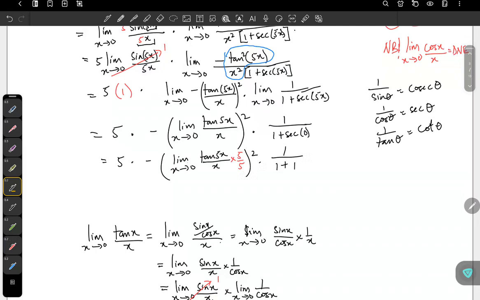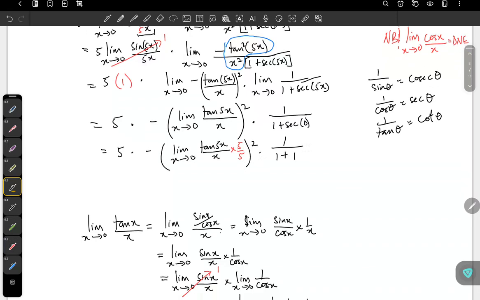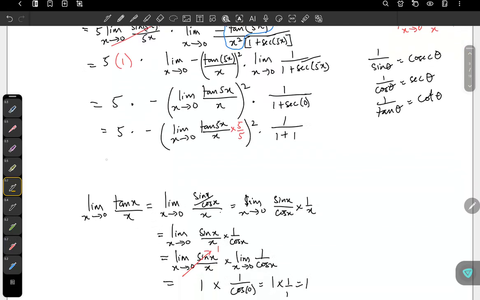Since cos 0 is 1, 1 over cos 0 will be 1 over 1, which is 1. So that means sec 0 is 1. So this is equal to 5 times negative of 5 limit as x goes to 0 of tan 5x over 5x squared times 1 over 2.